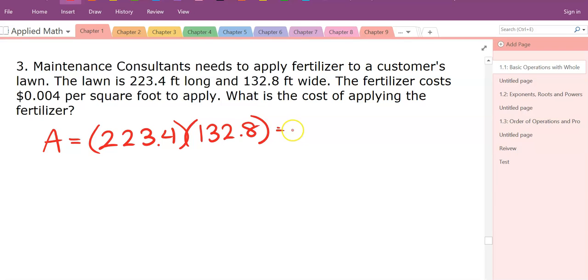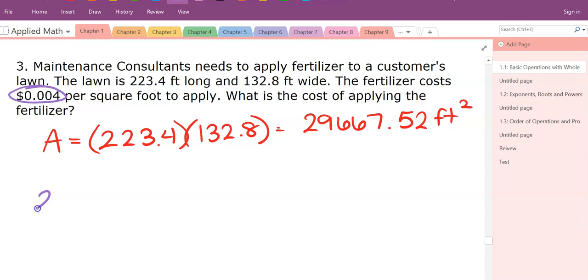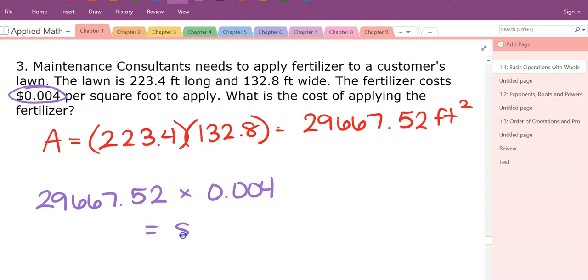So this ends up being 29,667.52 feet squared. And then since it costs this much per square foot, we're going to take that number times that amount to get our total cost of $118.67.